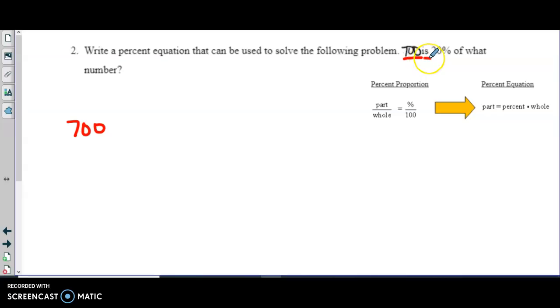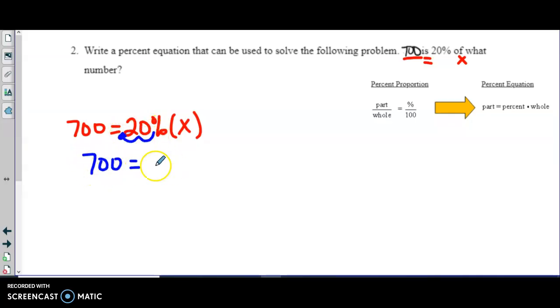And then I would do is means equals 20%, of means multiply, and what number is a letter. So I would write it exactly how it looks. 700 is 20% of what number? And now you can't type that 20% into the calculator, so I would convert that to a decimal, so 0.20 times x.